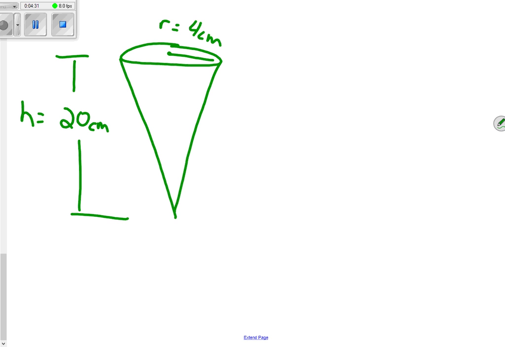Now we're filling this thing up with water. And we know the rate that we're filling the cup up at, my dV/dt, it was 15 centimeters cubed per second.